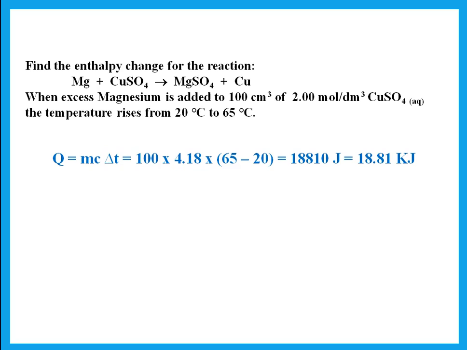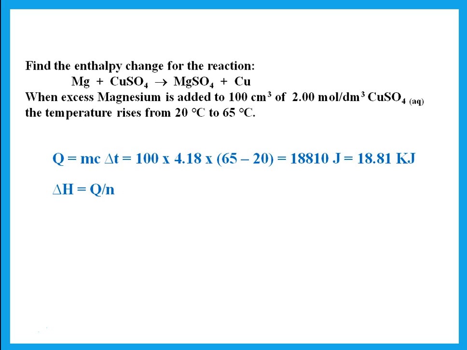So the quantity of energy that you have out of this equation is in joules. This is usually a big number, so we usually divide it by 1,000 and change it to kilojoules. So now we have the Q. Then I need to get delta H, and we said delta H is Q over N. Okay, what is N? Now let's take a look. What did he give me? He gave us volume of copper sulfate.